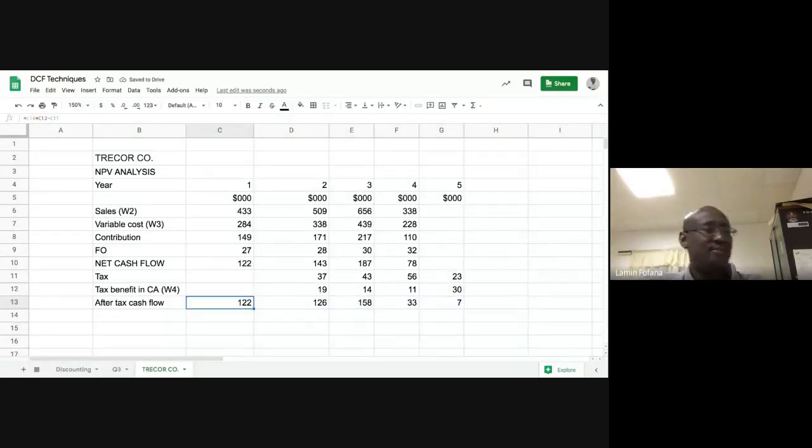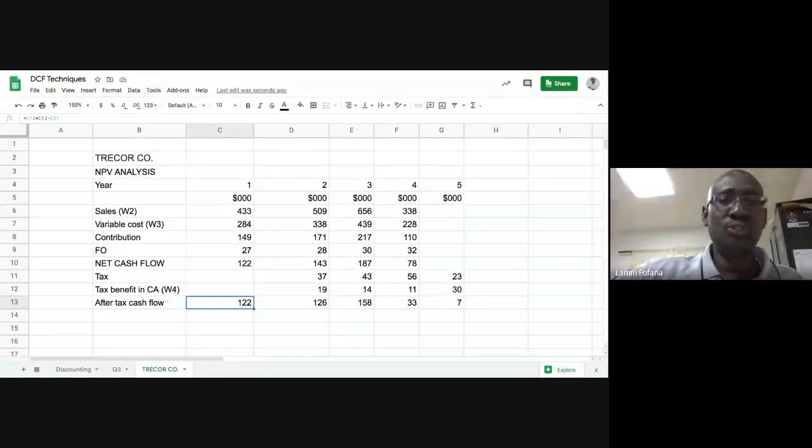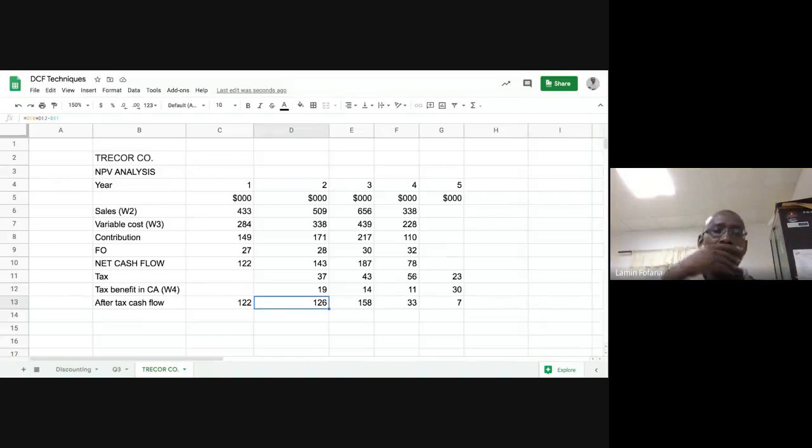So I have the after-tax cash flow of 122, 126, 158, 33, and 7. Due to rounding off, I have 143 plus 19, that's 162. Right.